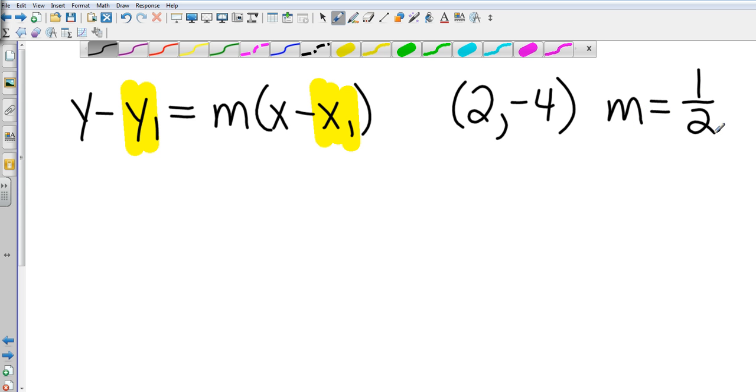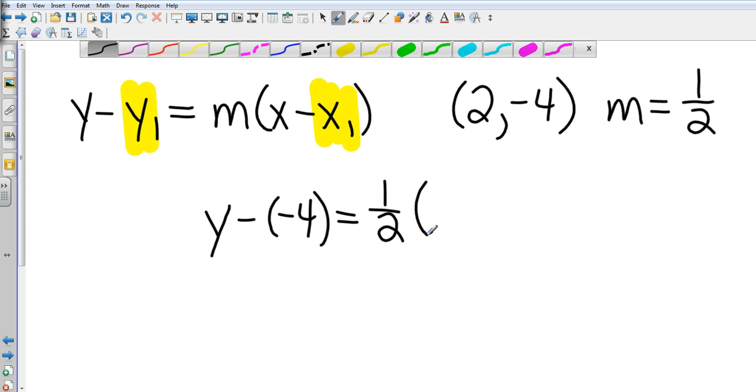So let's go ahead and use this formula. My y stays the same, so I just leave it y minus, what is the y value of my point? Well, in that case, it's a -4 equals, now I substitute my slope in there for m, that's 1/2, parentheses, keep the x the same, and then I subtract my x value, which is 2.